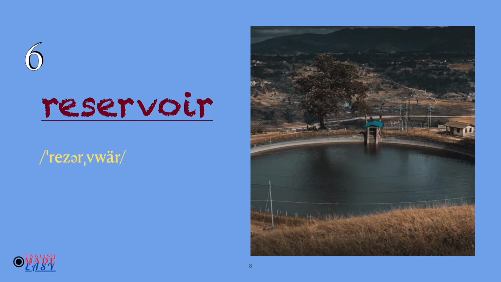As you can see, the third and last syllable is pronounced as voir, and the letter A here is more stretched out, as indicated by the diaeresis sign represented by the two dots on top of it. So this word is pronounced as reservoir.